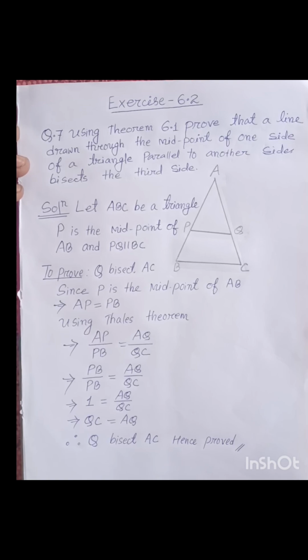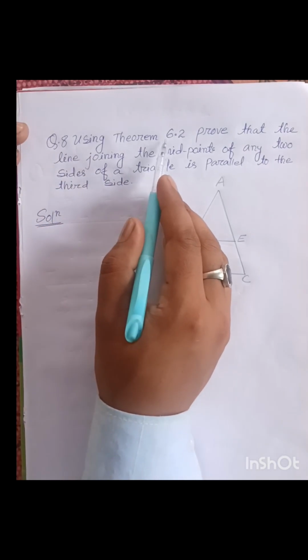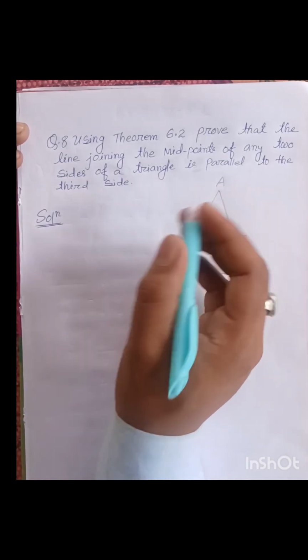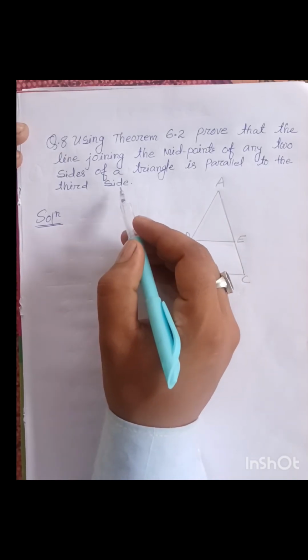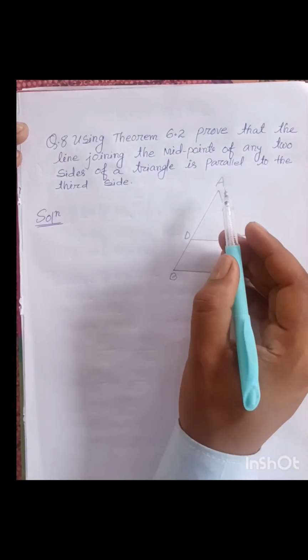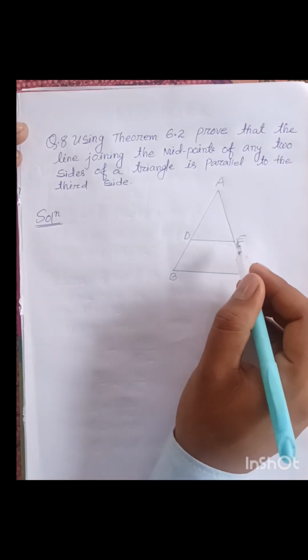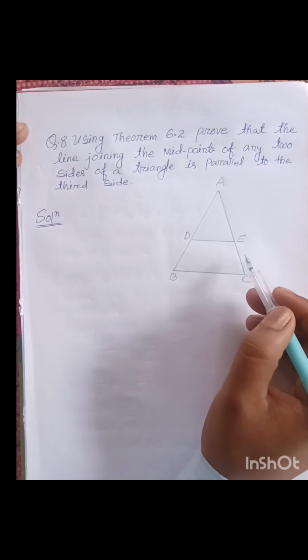Now we'll do question number 8. In question number 8, we have: using theorem 6.2, prove that the line joining the midpoints of any two sides of a triangle is parallel to the third side. So suppose this is a triangle ABC. Now D and E are the points on AB and AC respectively.